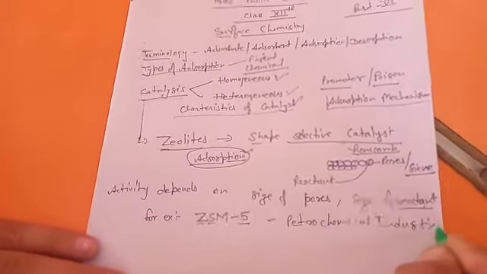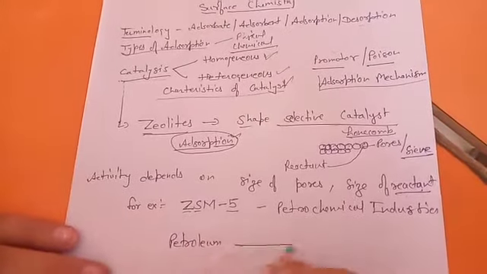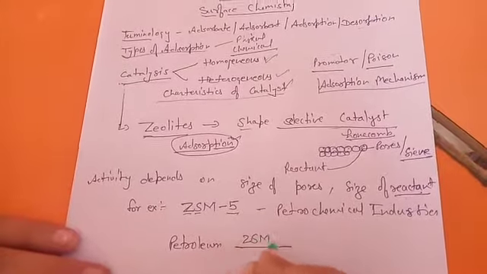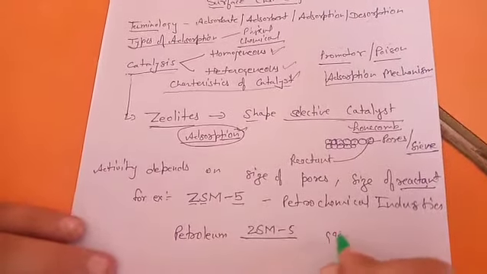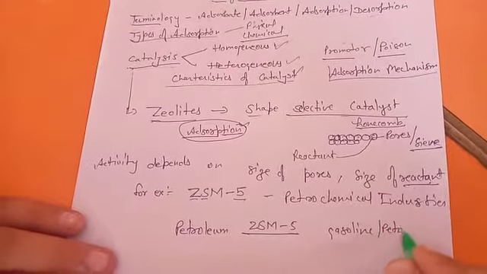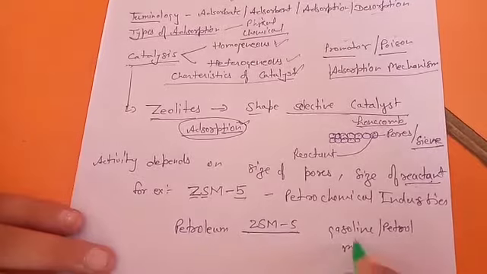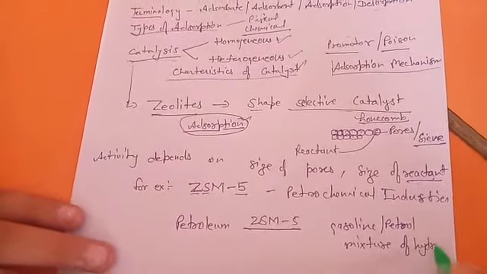To break down petroleum, when you use petroleum and ZSM5 as a catalyst, it directly converts it into gasoline, or you can say petrol, a mixture of hydrocarbons.